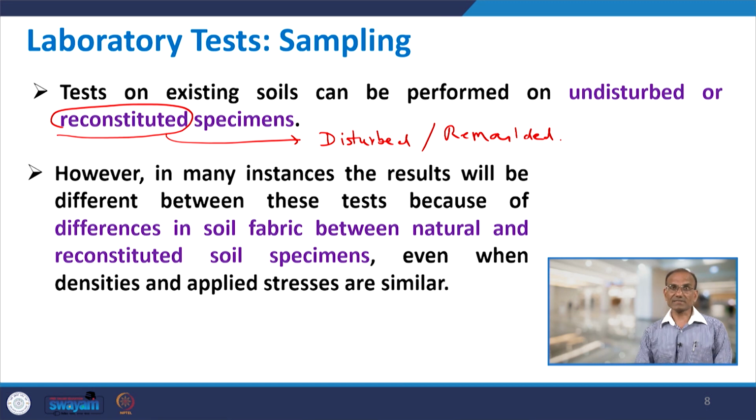In many cases, the results will be different between these tests because of difference in soil fabric, where you may have natural and reconstituted soil specimens. The issue is that in the field the soil is in its natural state, but when you test in the laboratory, most of the time you have reconstituted samples.